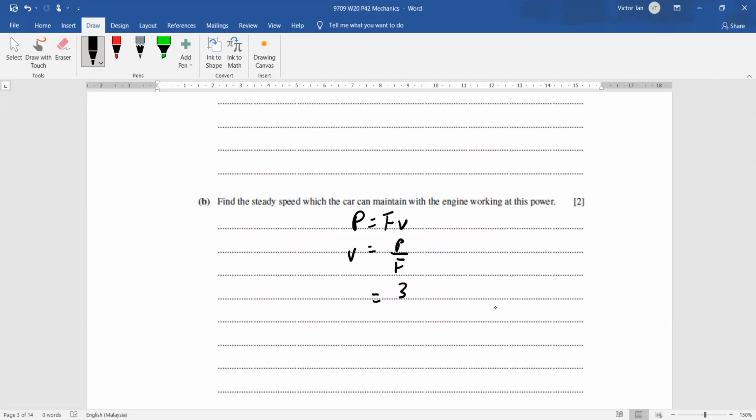So V is 31,000 over 650, which in three significant figures is 47.7.